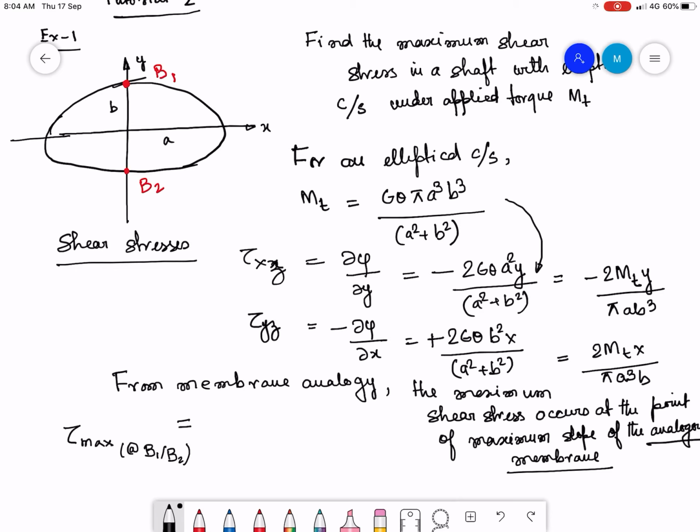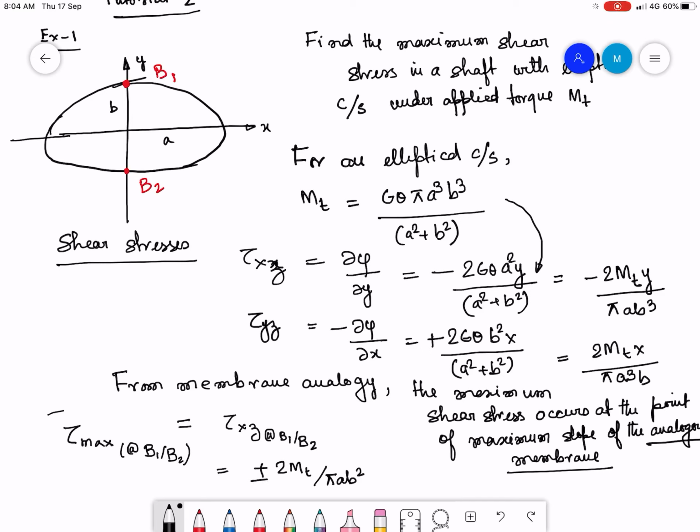So the only shear stress that I have at B1 and B2 is tau xz, and that value has to be equal to minus 2MT by pi a b square plus 1.